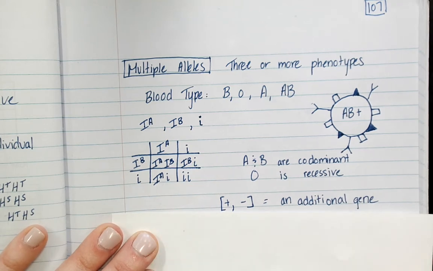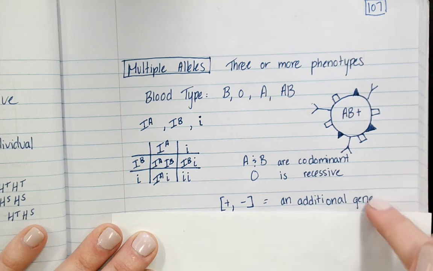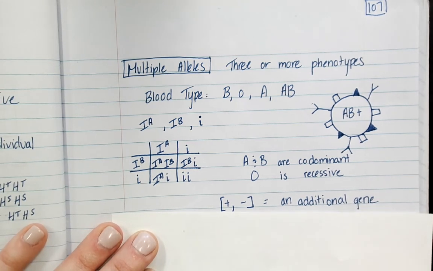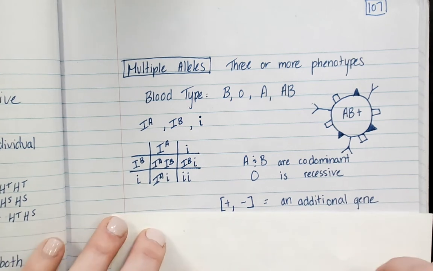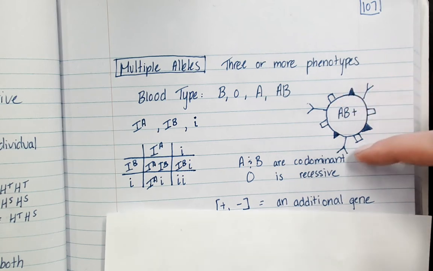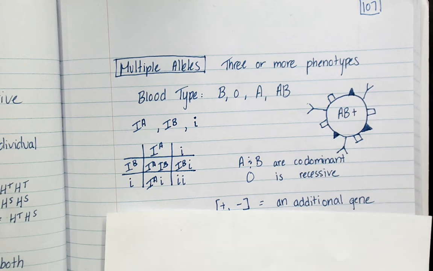Just to add to this complication, there's a different gene that also adds markers to our blood, and that's the positive and negative. And so if you have the positive, you have those markers as well on your blood, which is why you'll hear that somebody is AB positive.